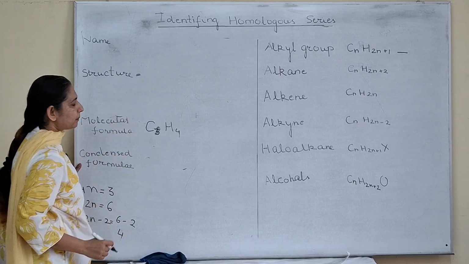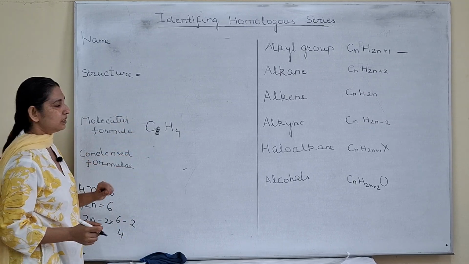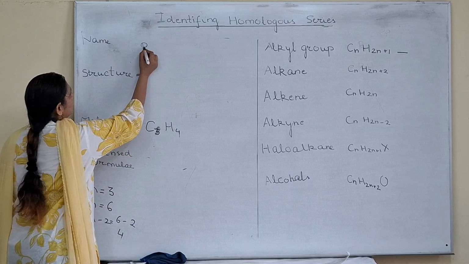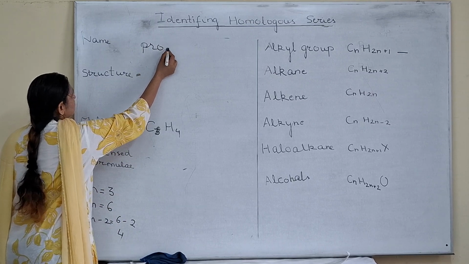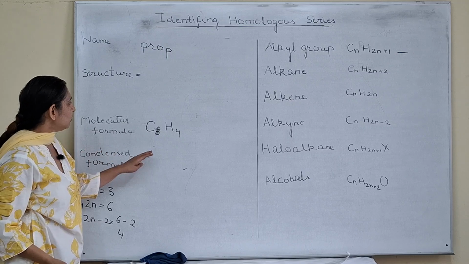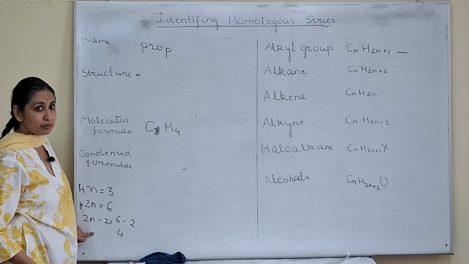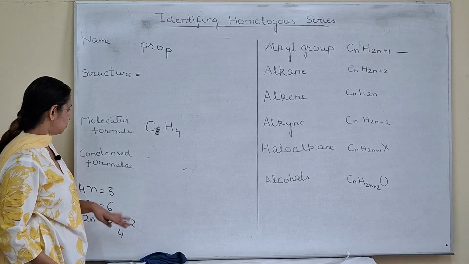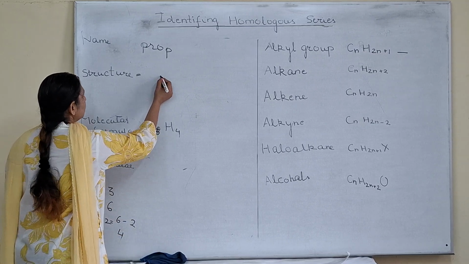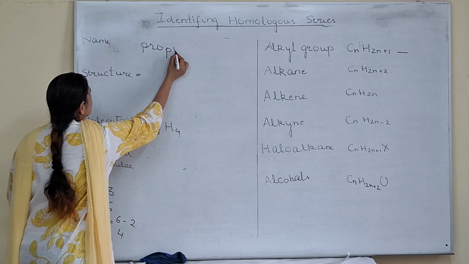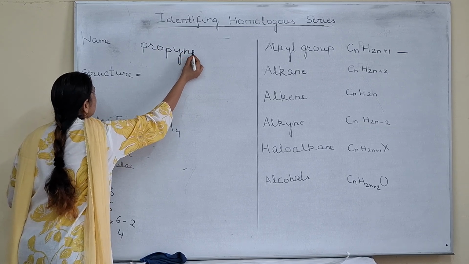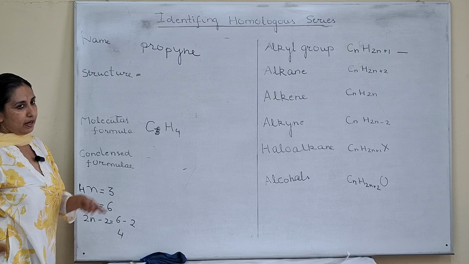What is the name? Carbon 3, so prop. And what is the suffix? Because it is an alkyne group, CnH2n minus 2, that's why the suffix here will be "-yne", propyne.